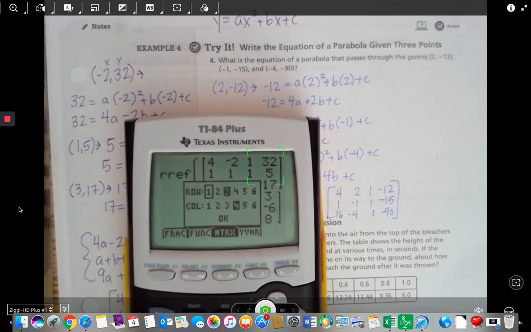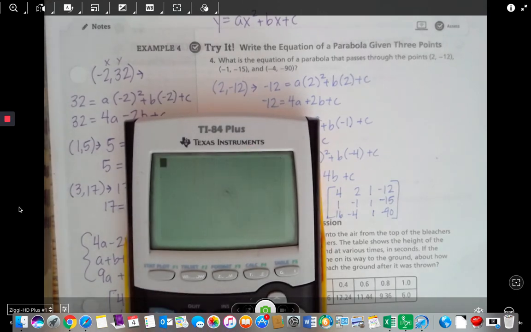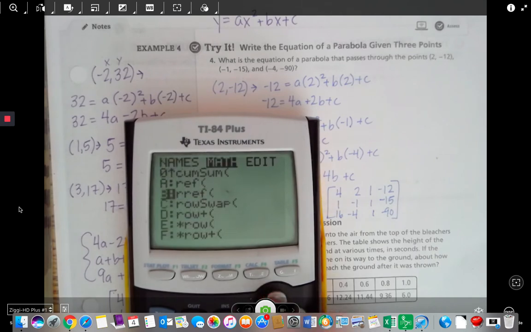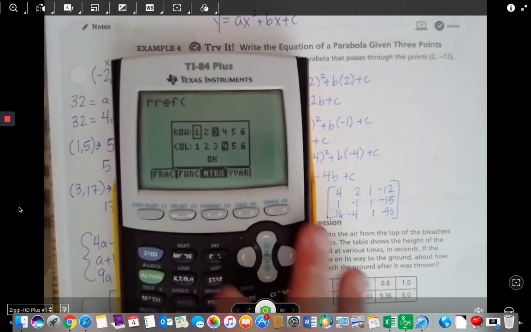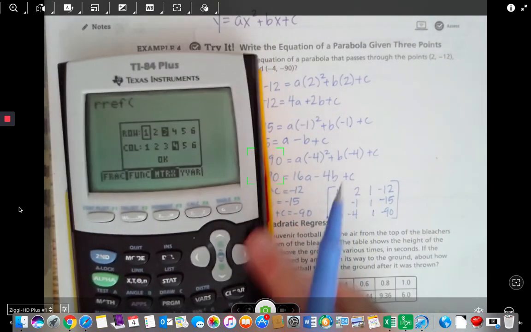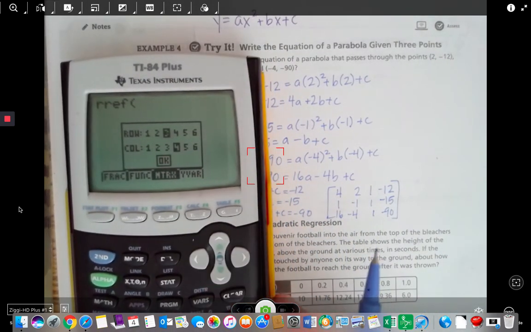So again, second inverse of x, we go down over to math. We found RREF. We hit enter. We hit alpha zoom. I have 3 rows and 4 columns, so I hit OK.